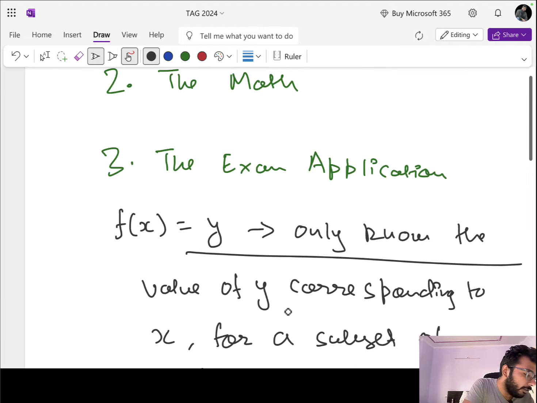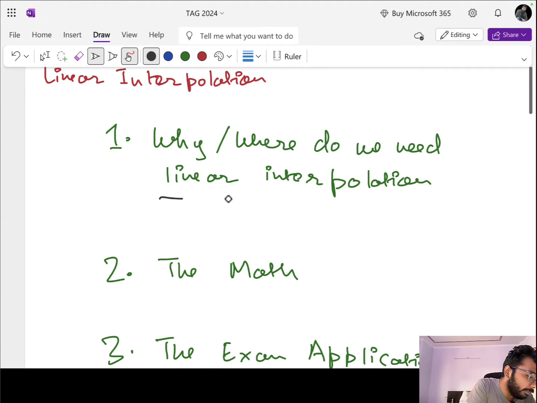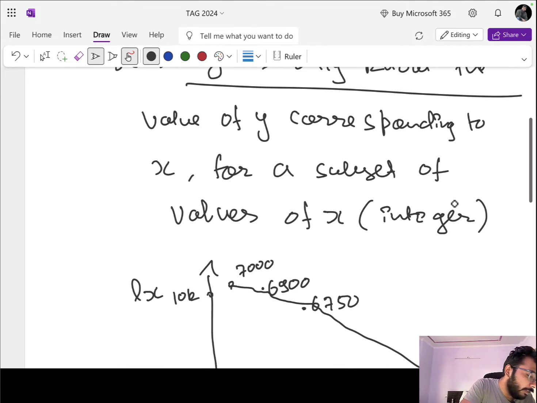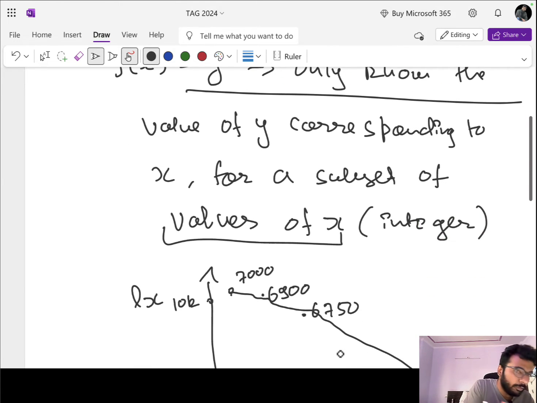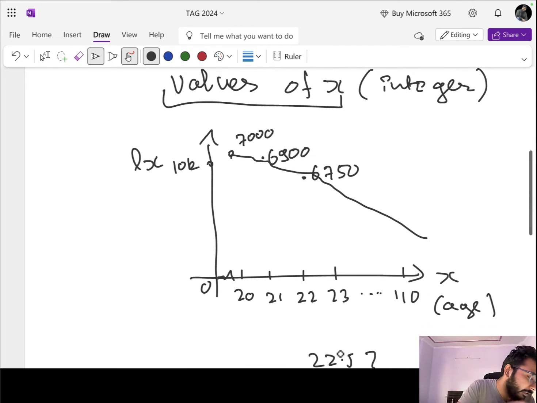That is where your linear interpolation comes in handy. And you use linear interpolation to find the values of y for the values of x for which it is not given, right? So, if it is only given for a subset, then how do you find it for the rest of the values? That is the broad idea of linear interpolation, right?